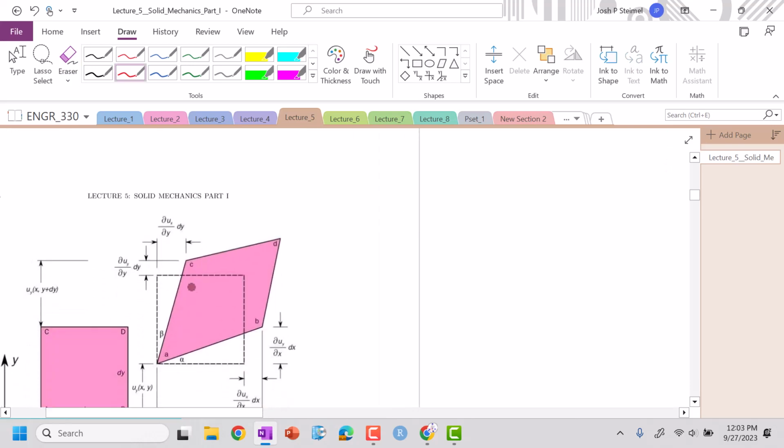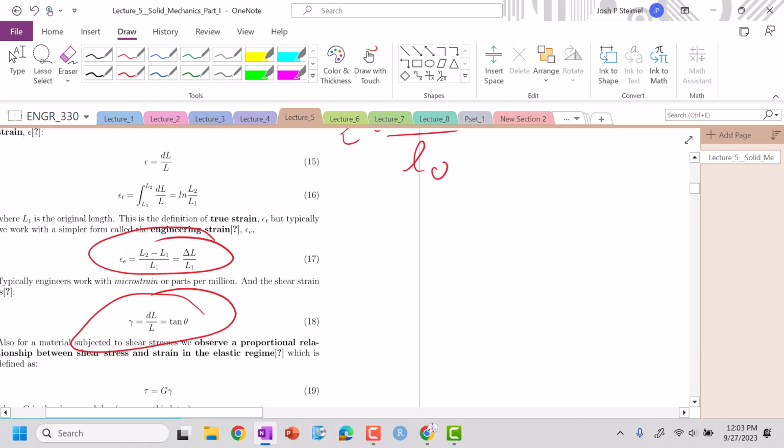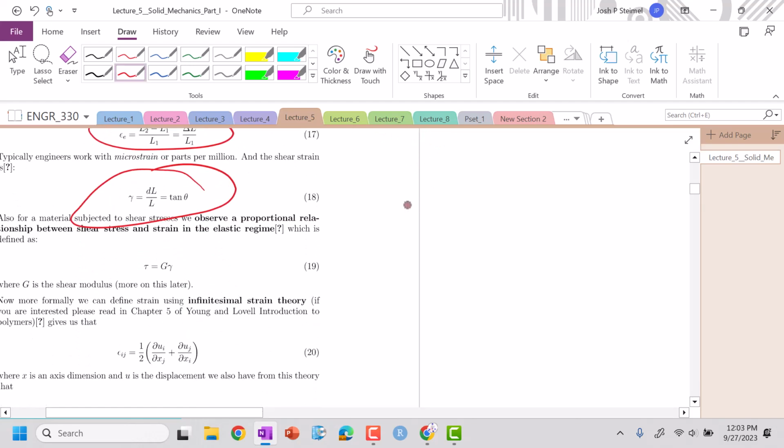I'm shearing the system, so there's a change in length here. In the most simple definition, you can see this.